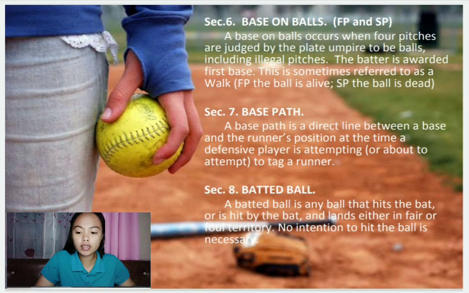So ang batted ball is any ball that hits the bat. So kapag natamaan na yung bola ng mismong bat, or is hit by the bat and lands either in fair or foul territory. No intention to hit the ball is necessary.